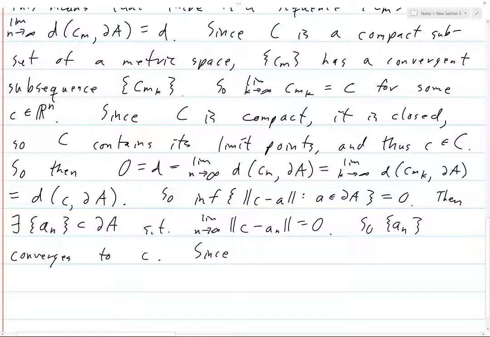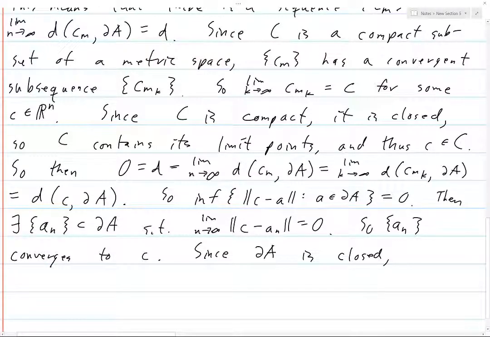Since the boundary of A is closed, by the definition of boundaries, the boundary of a set is always a closed set, because to get the boundary, you take the closure and you remove the interior. The closure is a closed set, and the interior is open.